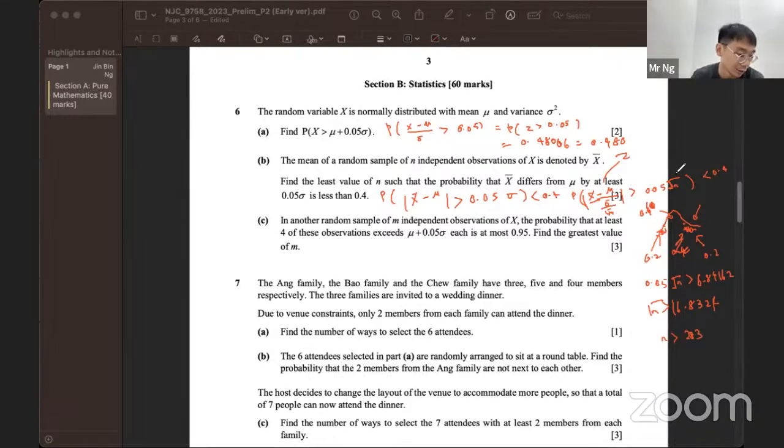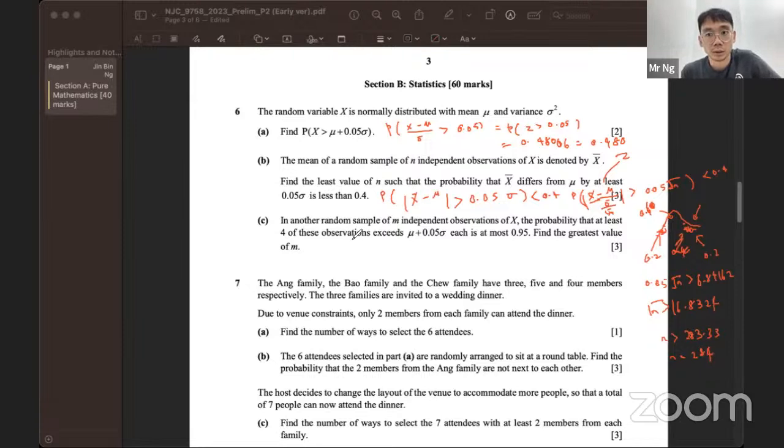Yeah, it's just slightly less than 0.2. I didn't use 283, I used 284. So the least n equals 284.